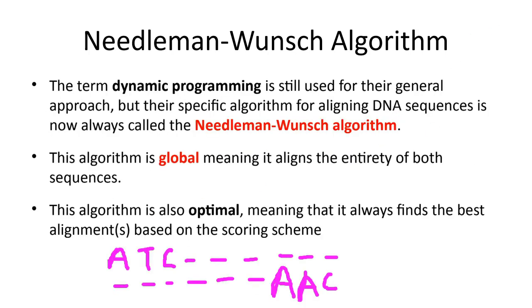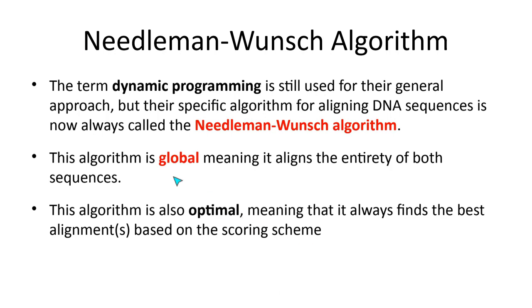If we have to take the time to state that it's global, that it's going to align all of sequence 1 with all of sequence 2, that kind of implies that there are other algorithms out there that don't do global. And we'll look at some later on. Maybe you just want to align part of sequence B with sequence A. So we'll see those later. But this algorithm is going to do all of both sequences.